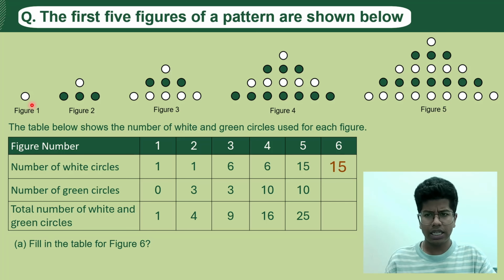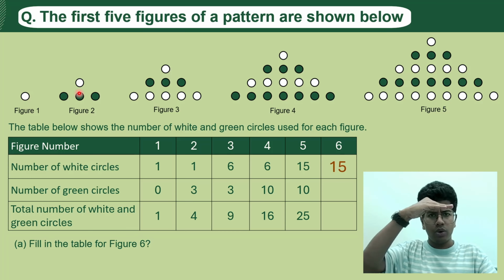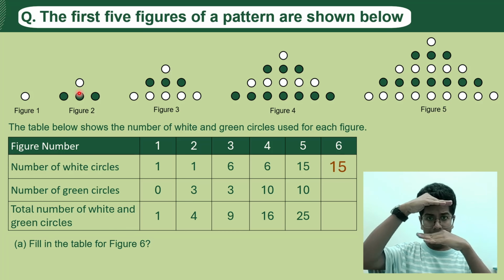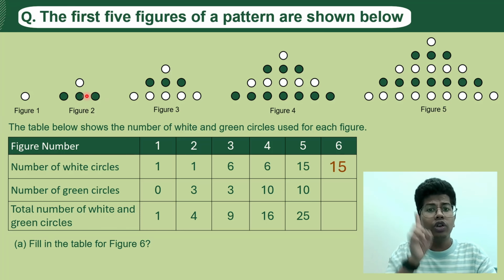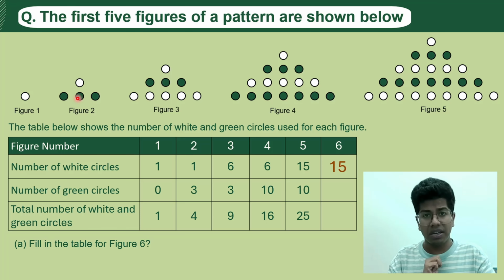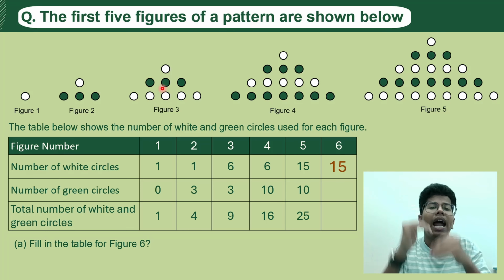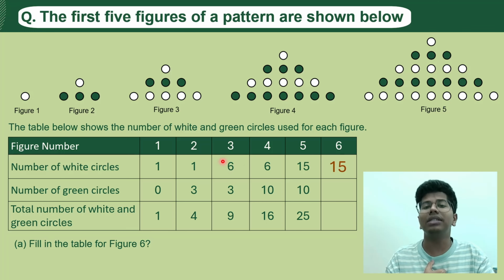Here if you look at figure 1, see, 1 white circle. Then in figure 2, a new row has been added. But when a new row is added, the new row is of a different color, that is green. So the number of white circles remains the same. In figure 3, a new row is added and that row is of white circles. That's why there is a change in the white circles.